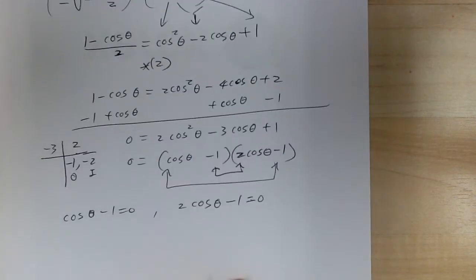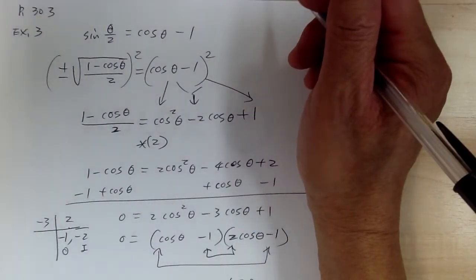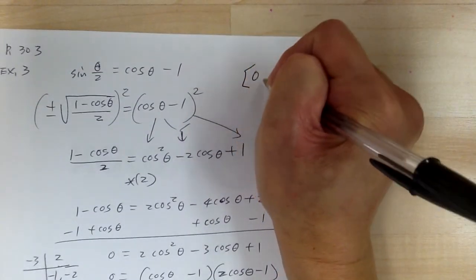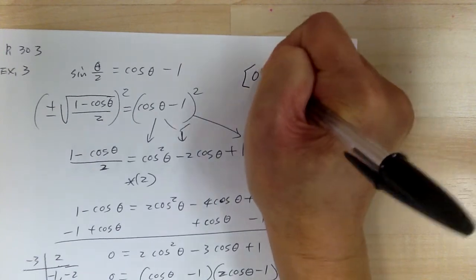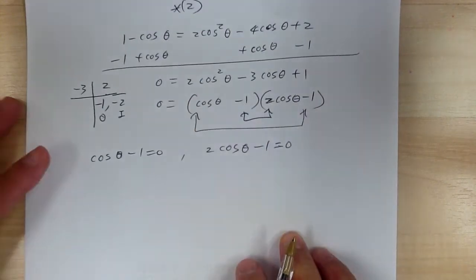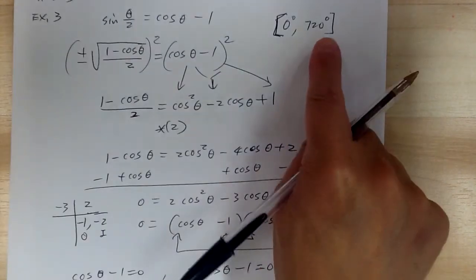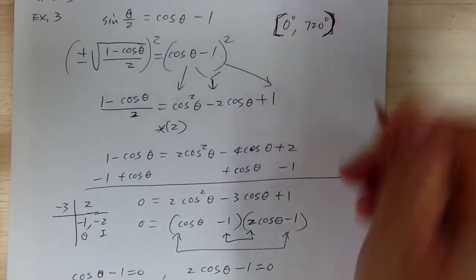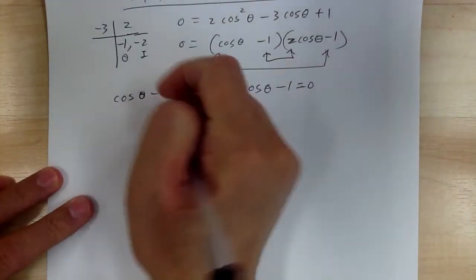And in this case, they tell you the boundary in step 2. They give the boundary. The boundary is from 0 to 720 degrees. So watch the boundary. Oh, this is parentheses. Okay, so from here, let's go and solve.